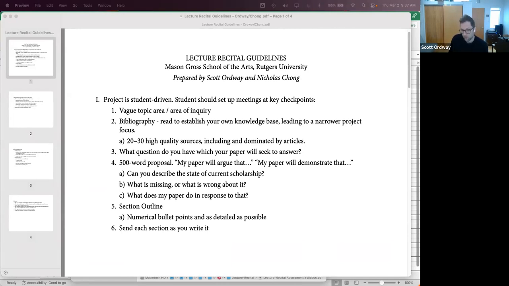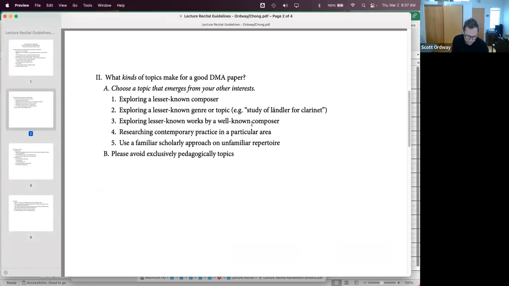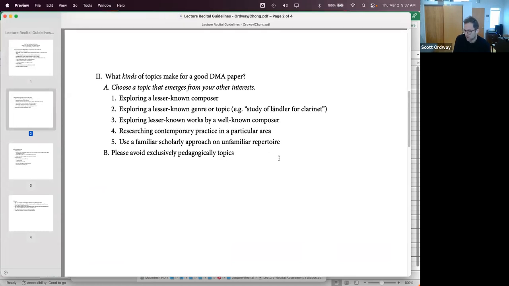So my suggestion when you're thinking about how to choose a topic, and Rob, this is slide 2 if you want to advance there. I really caution you to avoid a paper that goes along the lines of, I love playing X, Y, or Z piece, and so I'm therefore going to write a paper about X, Y, or Z piece.